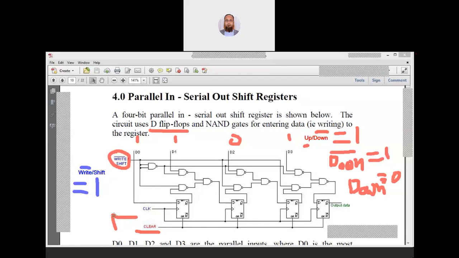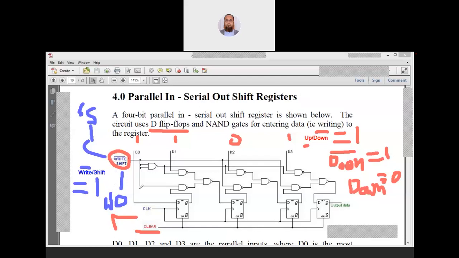So if you want to write, we have to keep this signal low, at 0. If you want to shift, we have to keep the signal 1. So this is for shift, and this is for write. I hope you understand the signal.